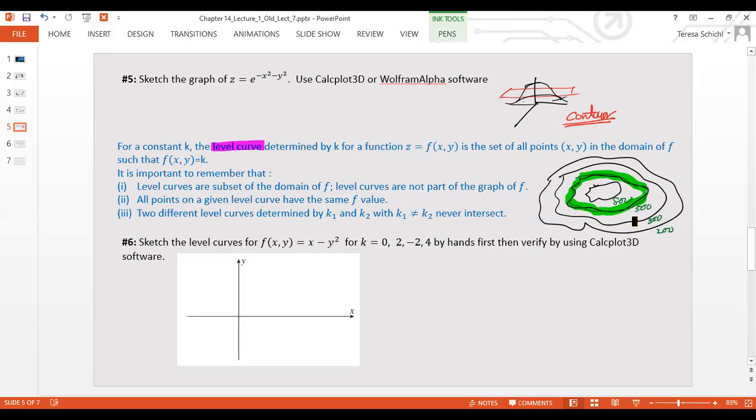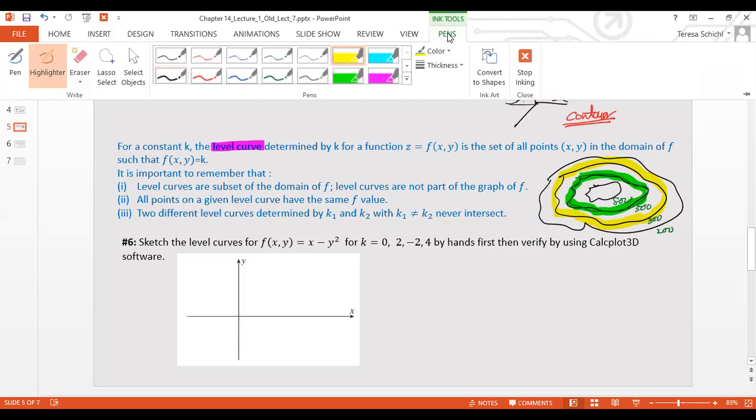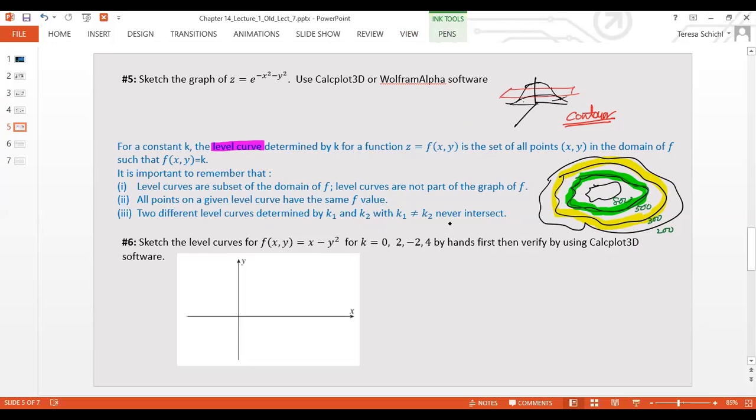And if you're walking in here, you're all walking at the 300 feet level, right? So these are two different level curves. If k1 is not equal to k2, then you get two different level curves, and they will not intersect, because you are cutting parallel to the XY plane.